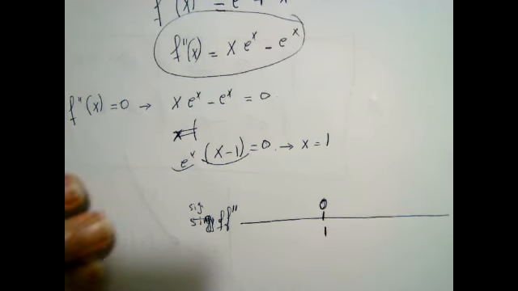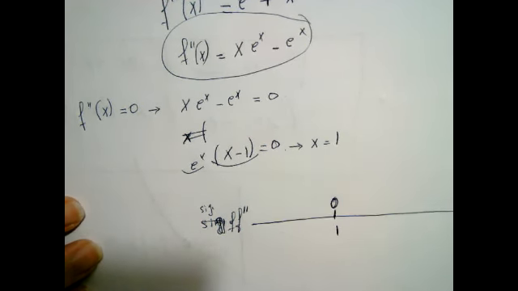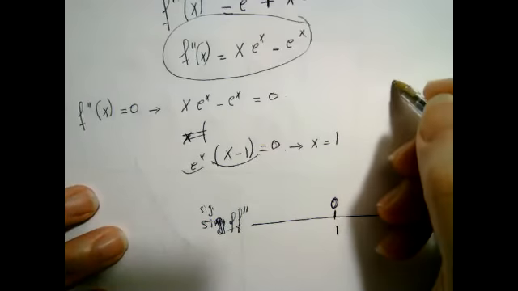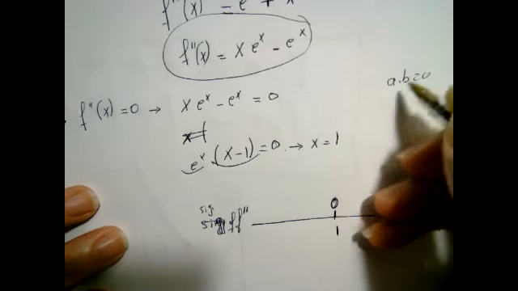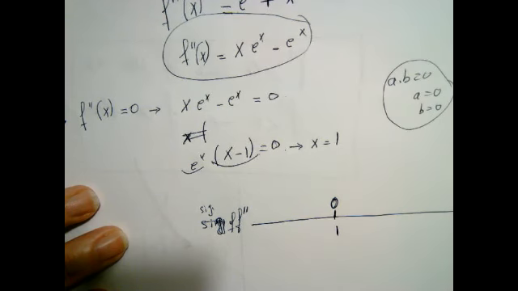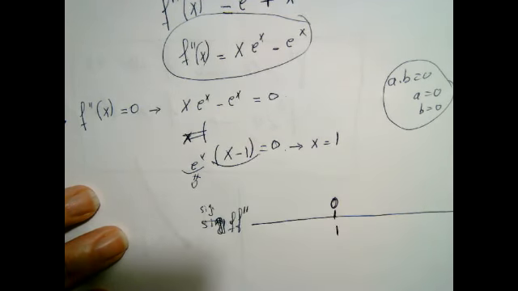And then we ask ourselves, when is f double prime positive? Where is it going to come from? That's e to the x times x minus 1. So usually if the product is 0, one of the terms is 0. But in my case, e to the x is never 0.